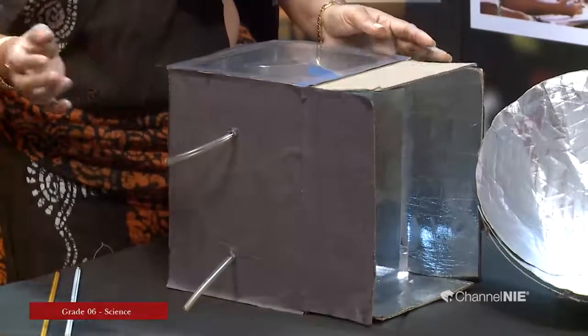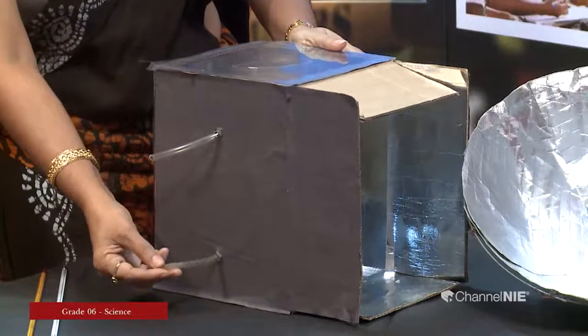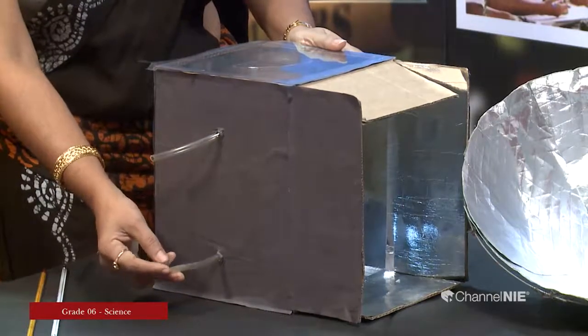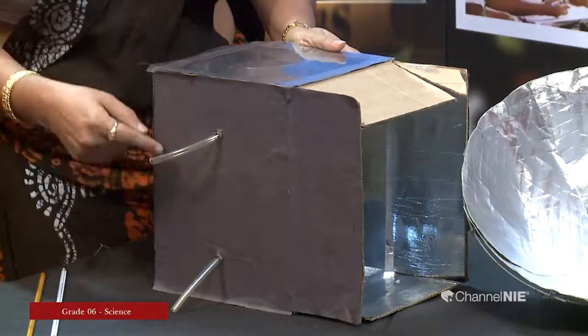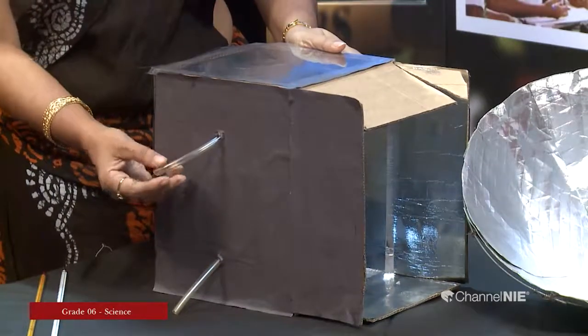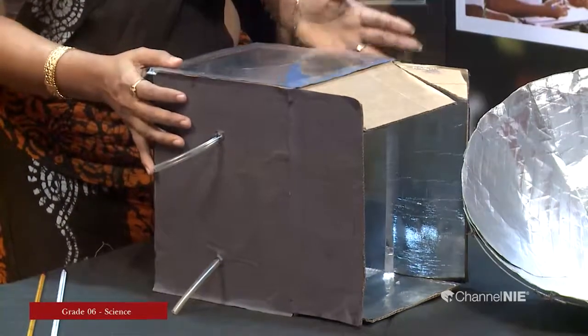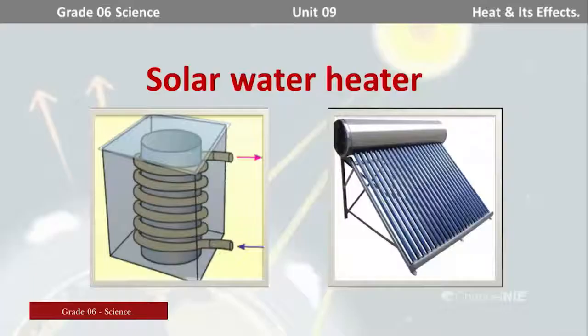Then what we can do is we can fix this rear end. This lower end is connected to a tap or a water flow. Then water is allowed to go into the rubber tube, and after that we can get it. We can keep this item in the sun, then we can obtain hot water from this end, right. So, that is the normal process taking place inside this model. This is similar to the action of a solar water heater.